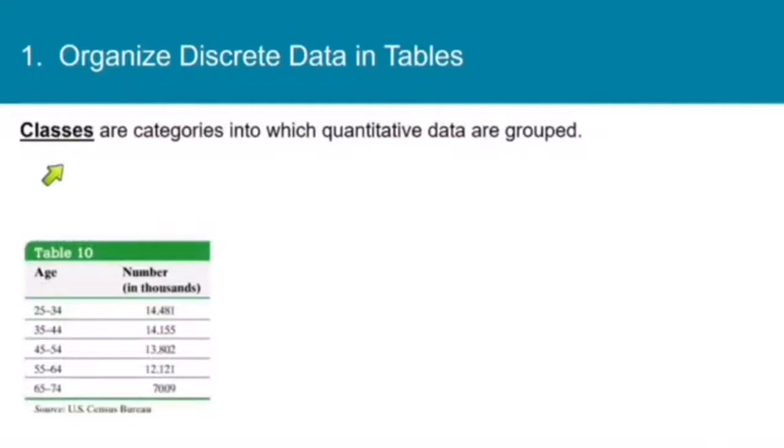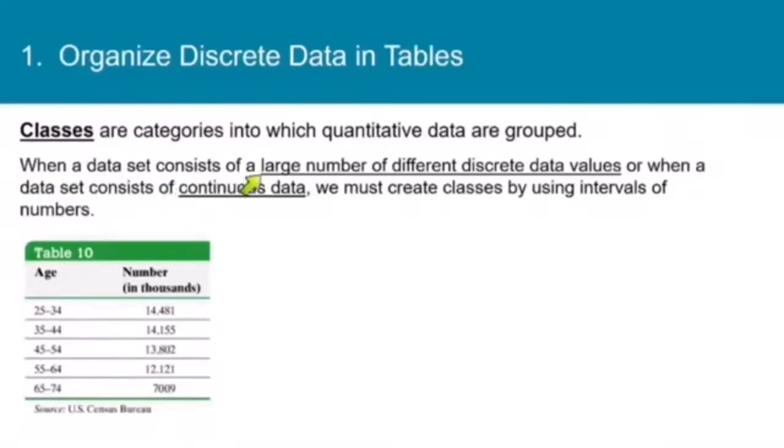Okay, now let's talk about classes that are not just single values. So classes are categories into which quantitative data are grouped. In the last example, each class only contained a single value. But when a data set consists of a large number of different discrete data values, or when a data set consists of continuous data, we must create classes using intervals of numbers.